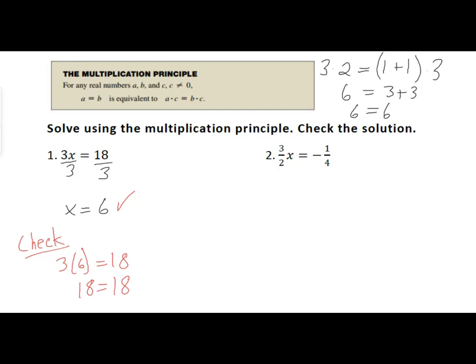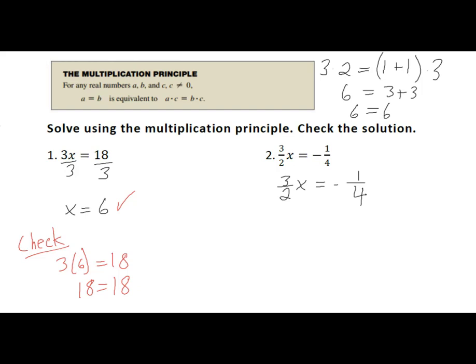All right, let's look at our next one. 3/2 of x equals negative 1/4. Now on this one, I want to multiply by its reciprocal. So the reciprocal of 3 over 2.